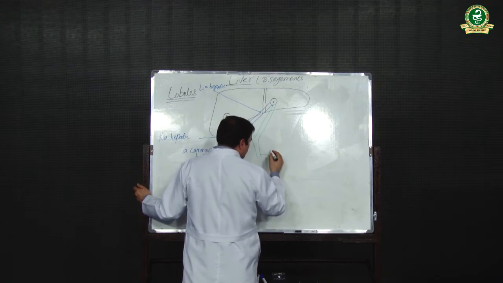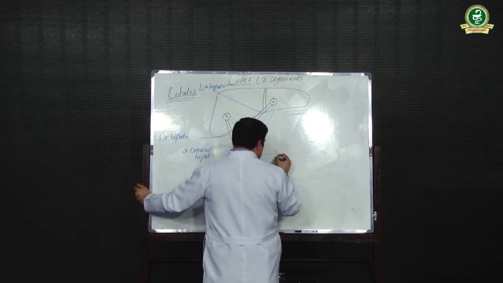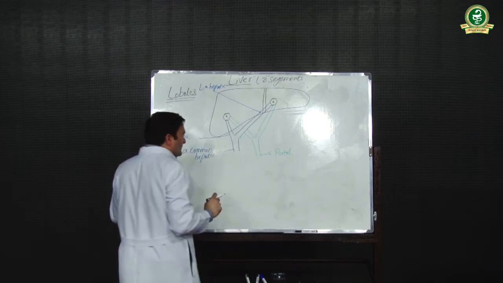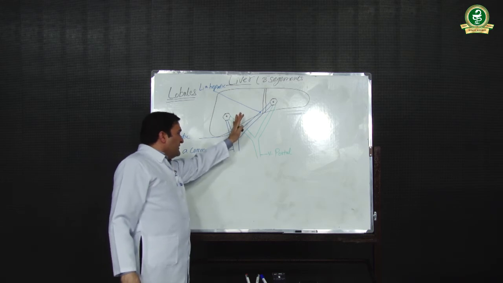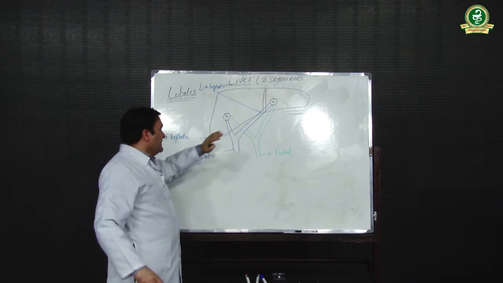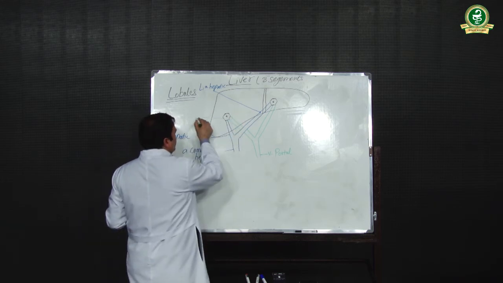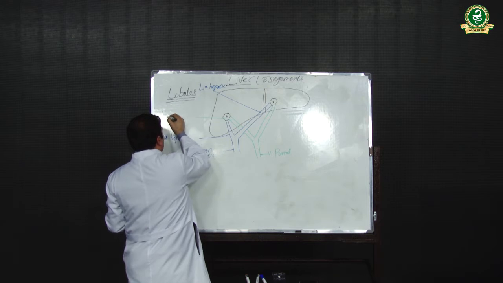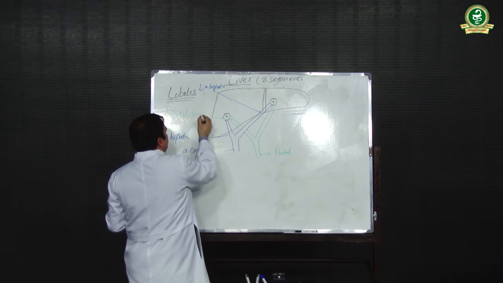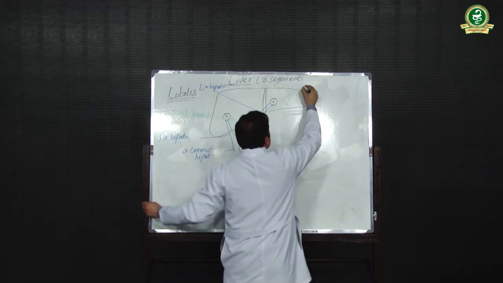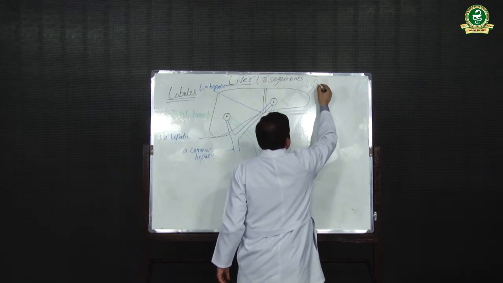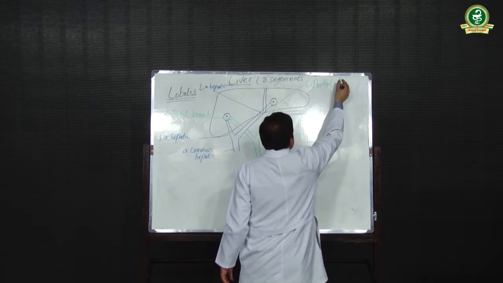That is our portal vein, which means the right portal branch and the left portal branch.